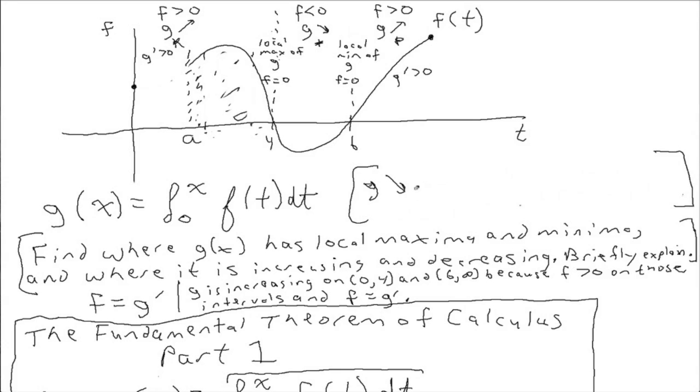All right, so where is g increasing here? G is increasing from... and briefly explain. Let's see. A to 4. Yeah, I should have said, let's call that 2. Okay, from 2 to 4, and 6 to infinity.